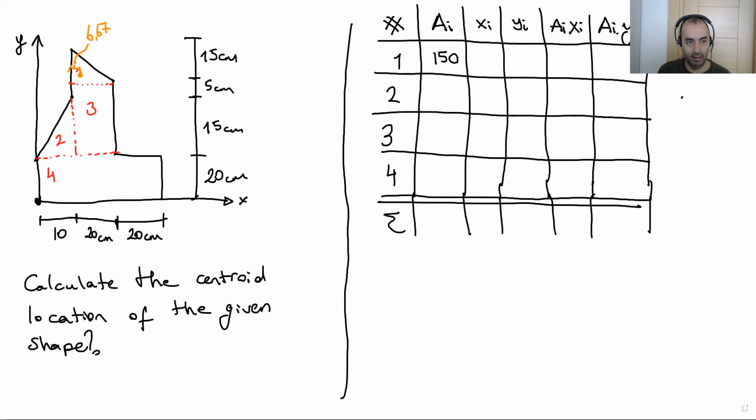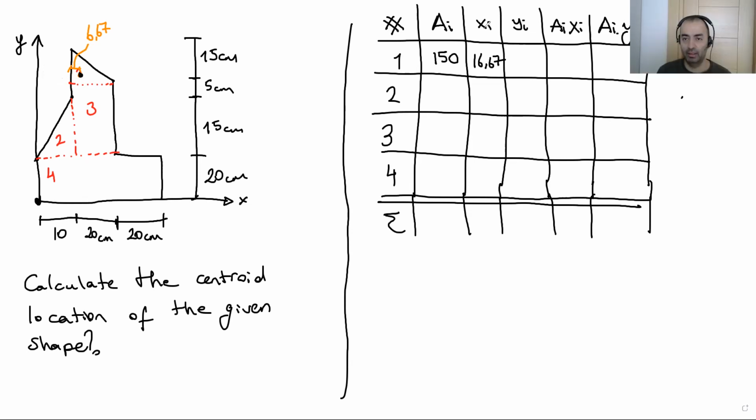Here is 10 plus 6.67. Totally it's 16.67. Is this clear? How we get this xi here? Any question for this? Yeah. Okay.